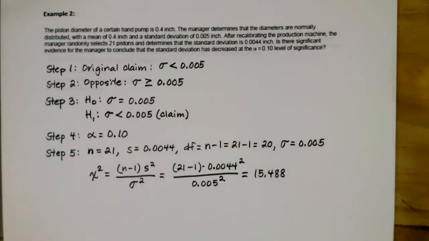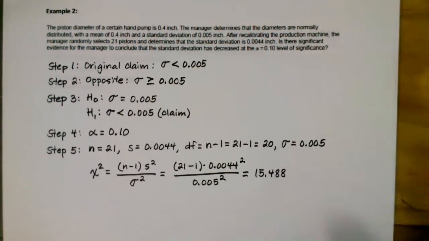So my test statistic there would be 15.488. All right, now step number 6 is calculating the p-value.